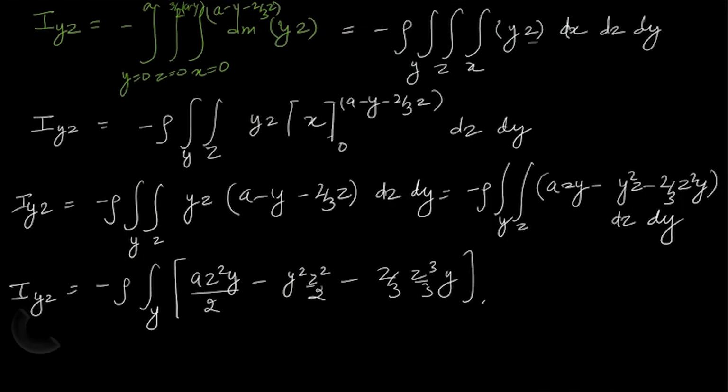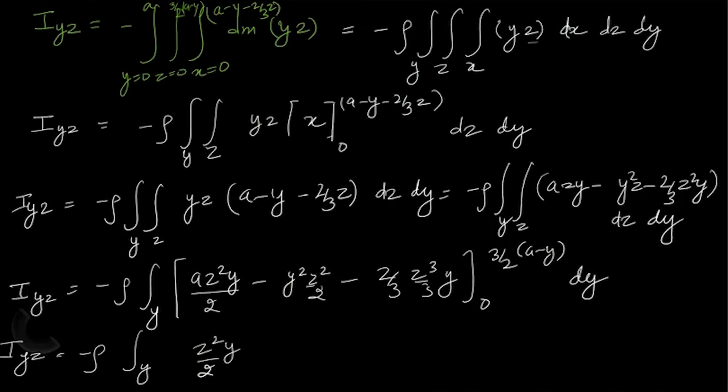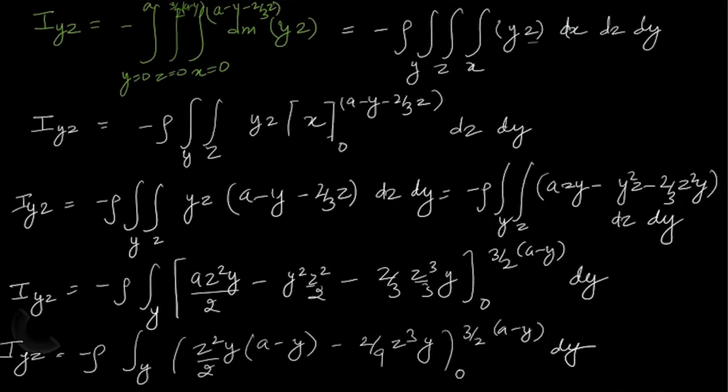The limits are 0 to 3 over 2 (a minus y). First simplify this. Before putting the limits, let's take the z square y by 2 common, and we are left with (a minus y), and this is minus 2 over 9 z cube y, and the limits are 0 to 3 by 2 (a minus y), dy.